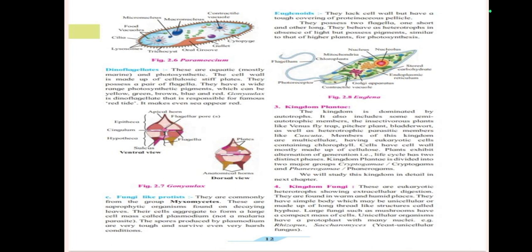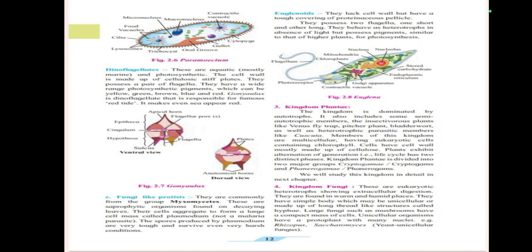Euglenoids lack a cell wall but have a tough covering of proteinaceous pellicle. They possess two flagella, one short and the other long. They behave as heterotrophs in the absence of light but possess pigments similar to those of higher plants for photosynthesis.